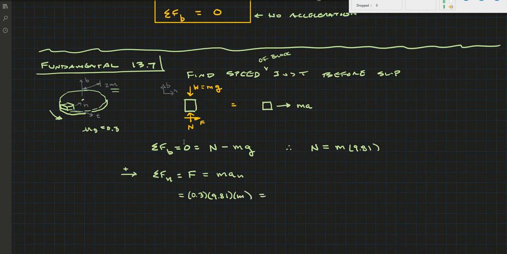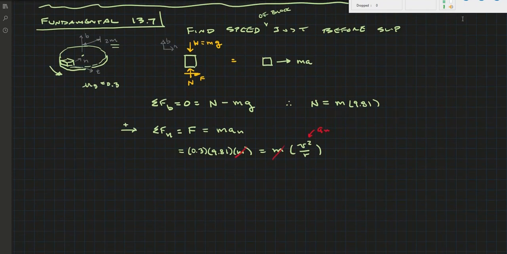This equals our mass times our normal acceleration, which is going to be v squared over r. Again, that's the formula for the normal acceleration. Okay, and this is why we didn't have to worry about the mass, because we can cancel the mass out on either side. And r we can replace with 2 meters. So solving this for v, we get 2.43 meters per second.